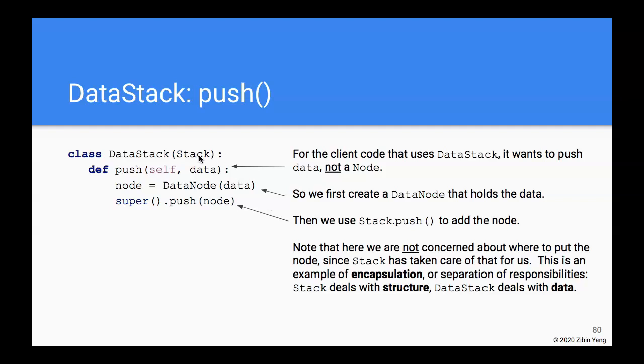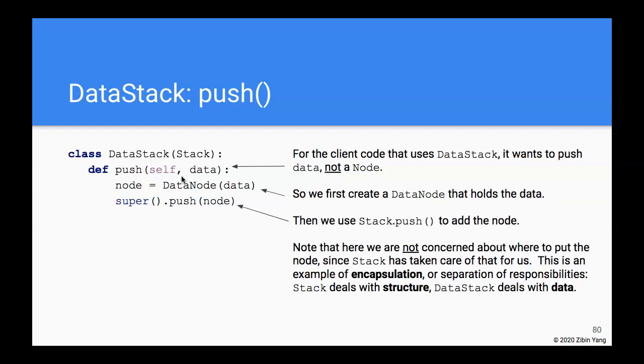And then finally, we are going to put this data node in the stack itself. So we simply use stack.push or super.push and push the node in there. Now, this push method is fairly simple, right? And the reason that it can be so simple is that the stack.push or super.push is already taking care of where to insert the node.